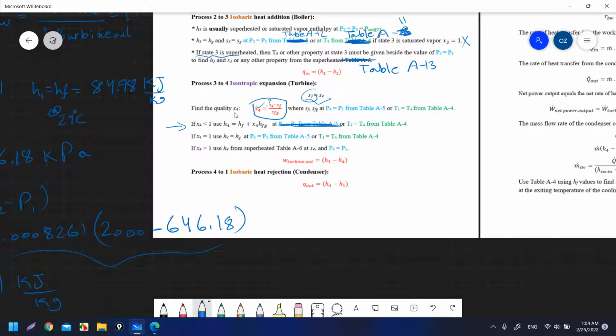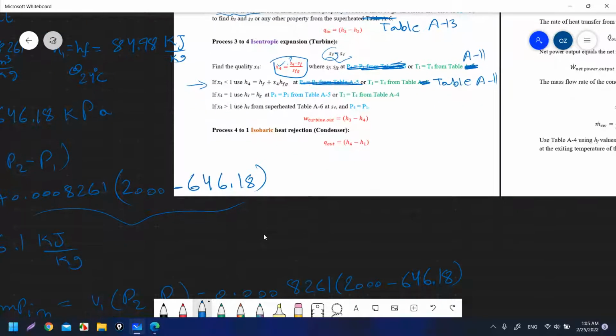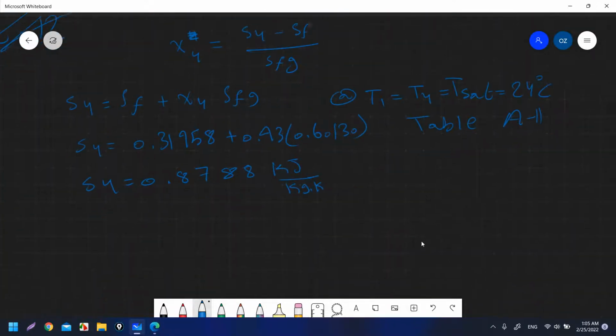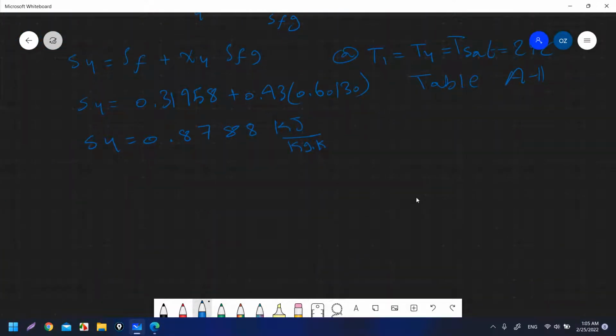And this one was table A11 for the refrigerant, and this one also is table A11. So we'll use table A11 and find H4. H4 is equal to HF plus X4 HFG.